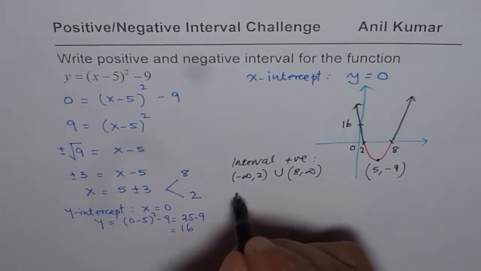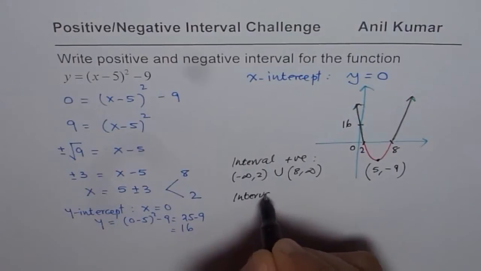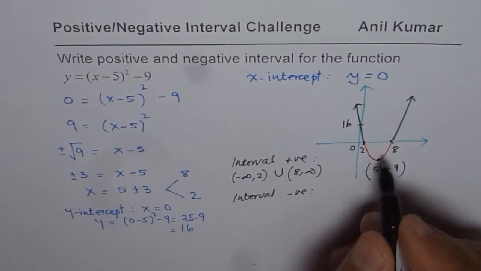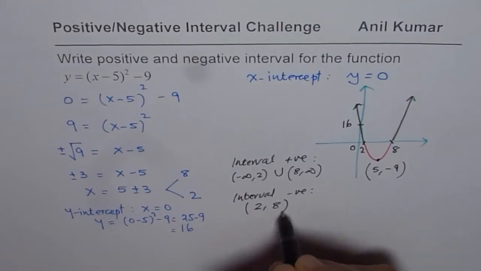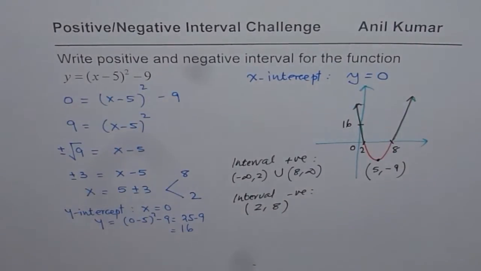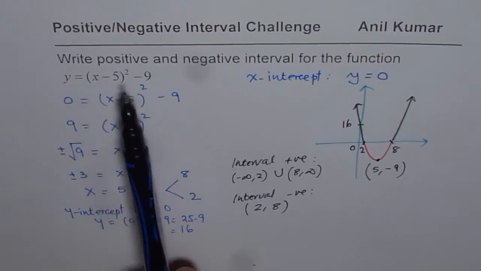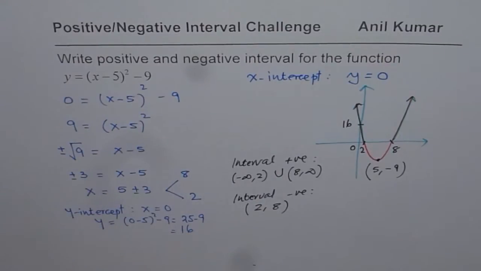As far as the interval for negative values is concerned, it is between 2 and 8, right? So that is how you could answer this question. It is important to understand how from the vertex form we can find the x-intercepts, right?